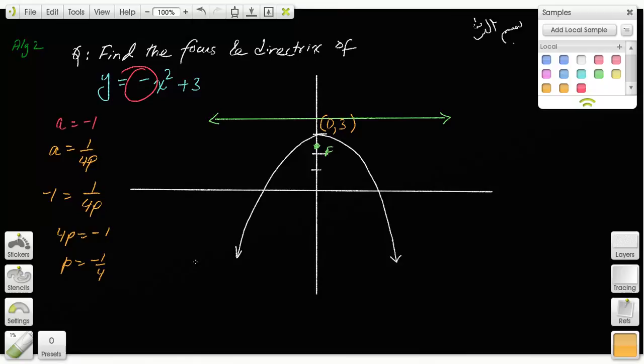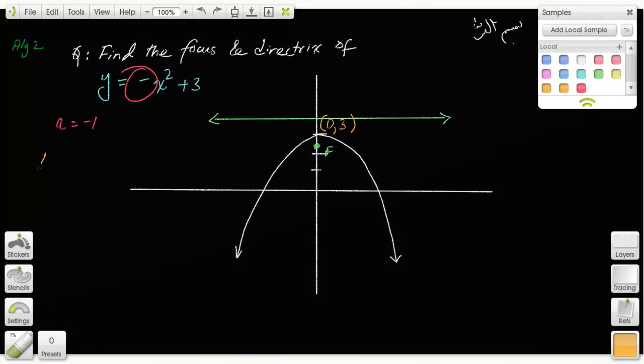Now if you recall, you can take the absolute value of A because p is a distance, correct? So if you were to just take the absolute value of A, to me it's just easiest to do that because p ends up being a distance, correct?